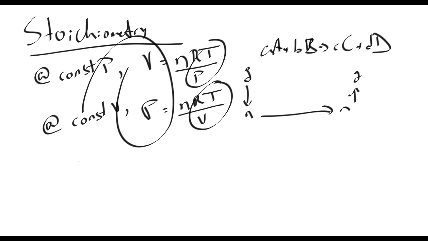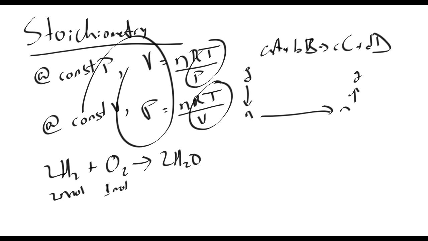For example, when you mix hydrogen and oxygen to make water, it's always going to be 2 moles of hydrogen plus 1 mole of oxygen will always make 2 moles of water. But at a given temperature and pressure, you can also say 2 liters of hydrogen plus 1 liter of oxygen will make 2 liters of gaseous water, by the way, because volume is only related to moles.